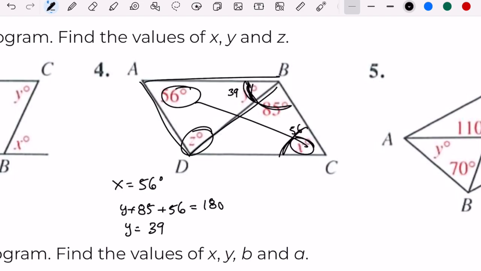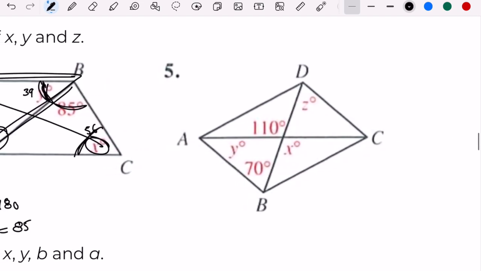So that is 180 minus 39 minus 56. So C is 85. Excellent. Because I am using this triangle, right?